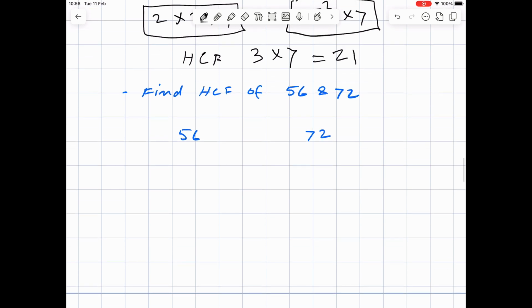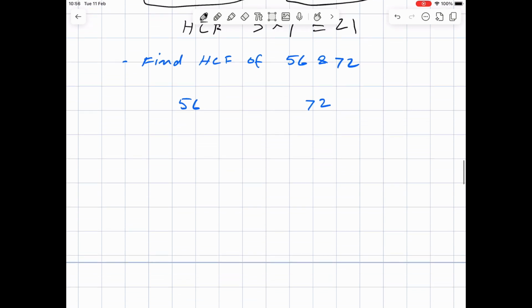The next example, we can look at a couple more numbers. Find HCF of 56 and 72. Again, 56 is an even number, so you keep dividing by 2 until you end up with 2, 2, 2, and 7.